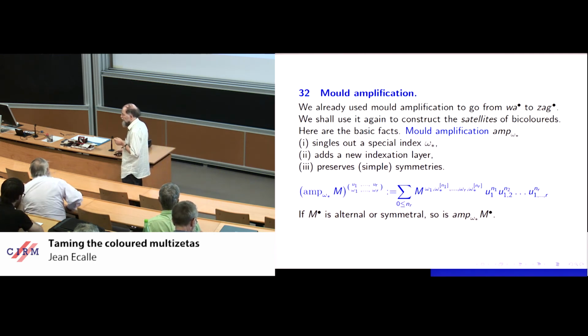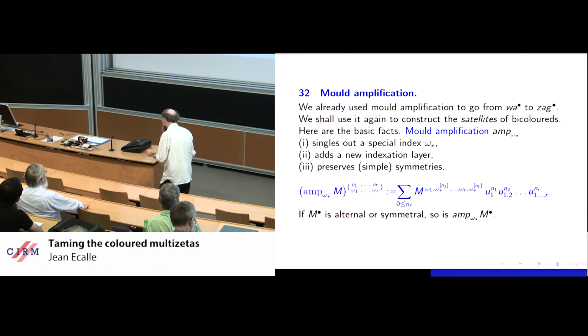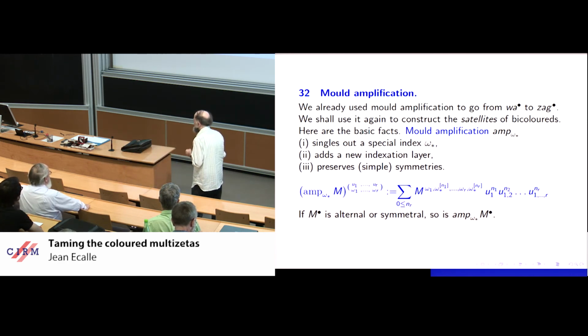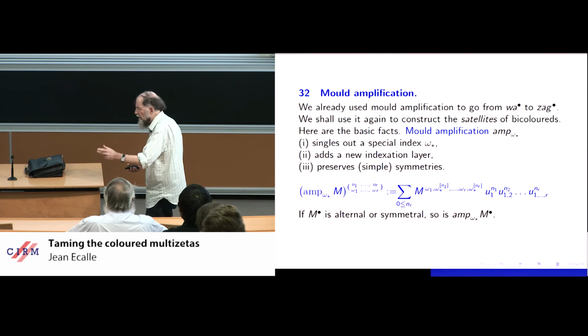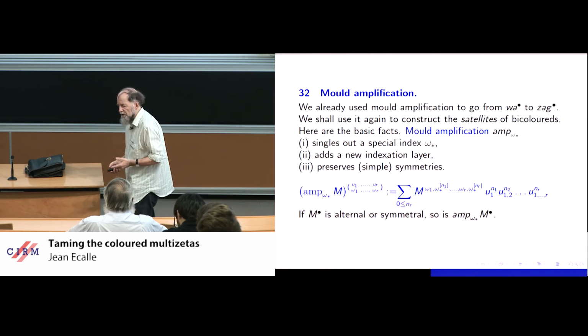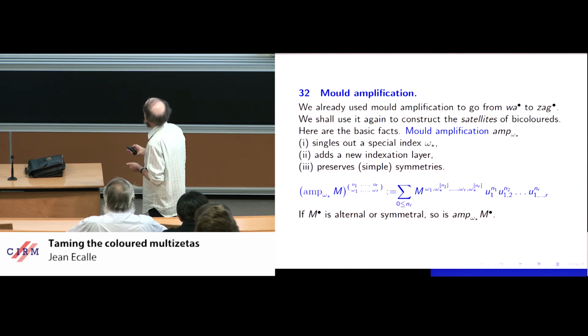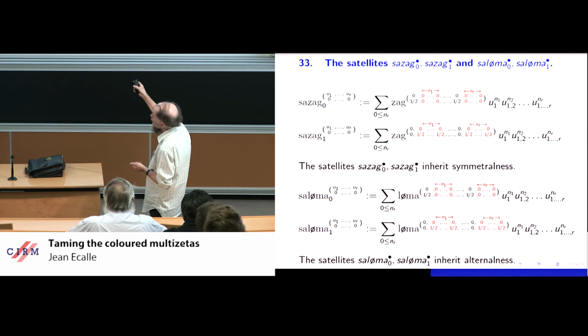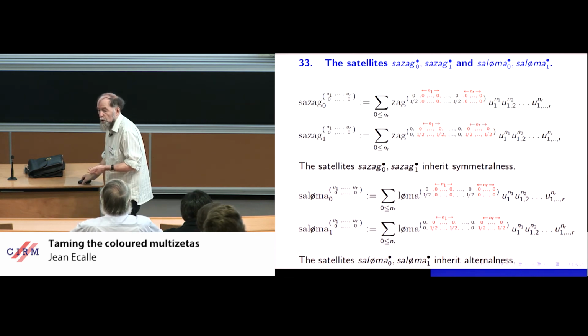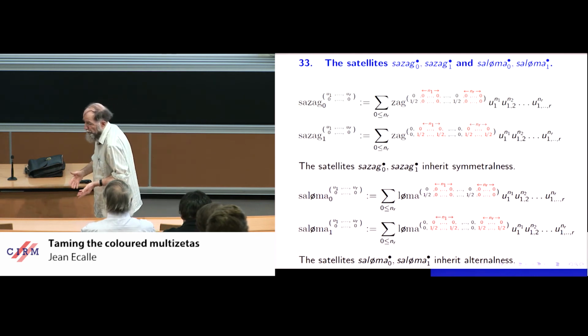Now we are going to use it again, but in a completely different context, to push the colors upstairs and to transform them into degrees and to construct the two satellites. So there are only two colors, one and one half.